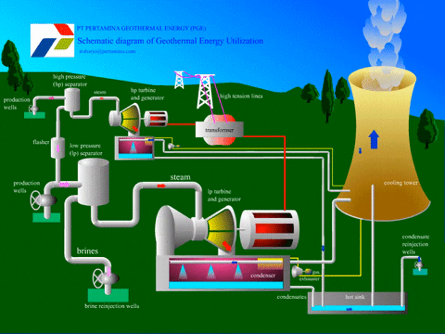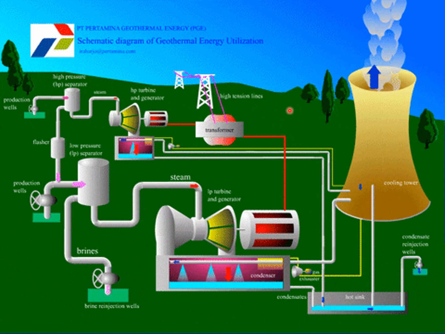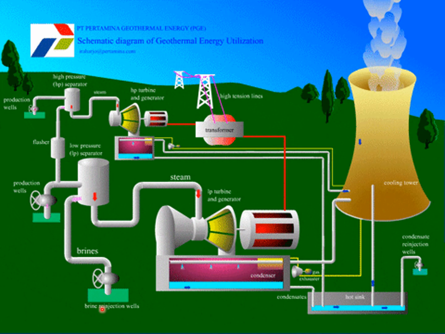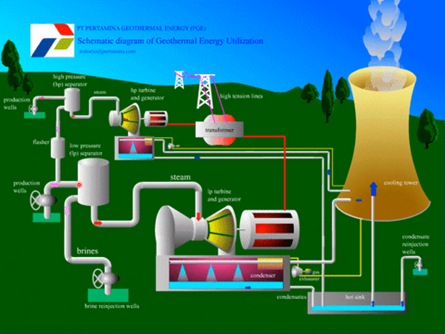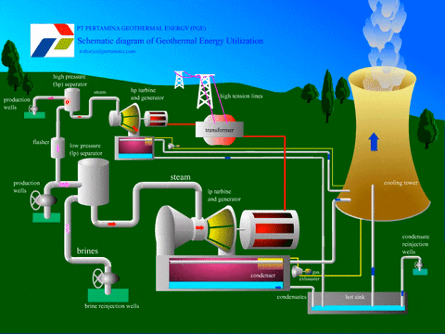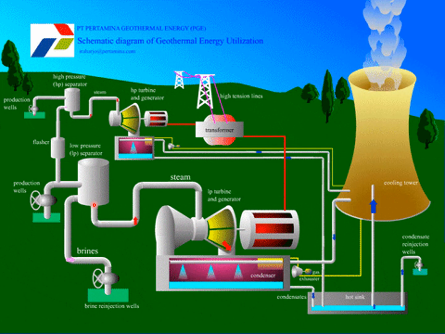So now let us see the working mechanism of a geothermal power plant. As we can see in this video, this is how the steam is formed from the reservoir. These are the three reservoirs from where the steam is formed and fed to the separators, where it is collected and kept under pressure.